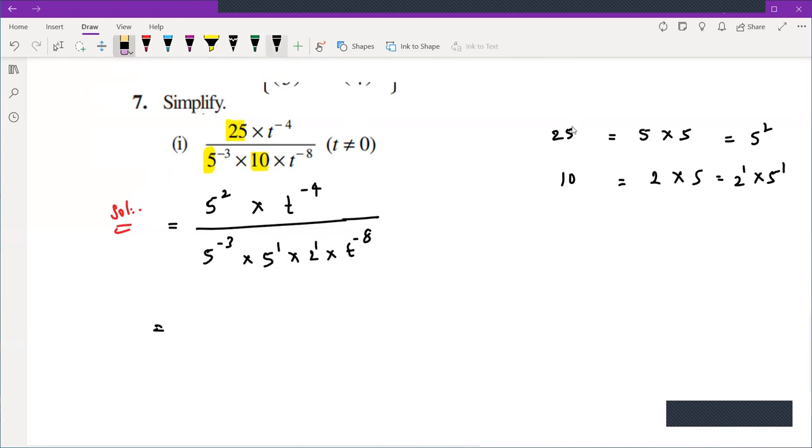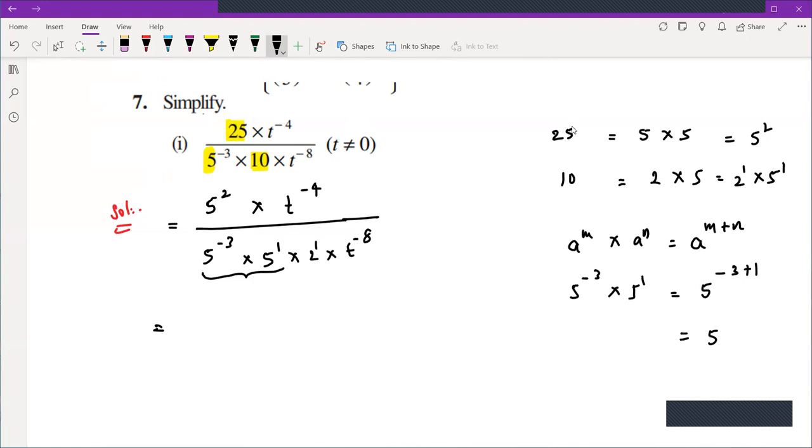But since it's not there, first take the denominator with the same base. Now it is in the form of a power m into a power n, which is a to the power of m plus n. So 5 to the power of minus 3 into 5 power 1, we can write as 5 to the power of minus 3 plus 1. So the result is 5 to the power of minus 2, right?